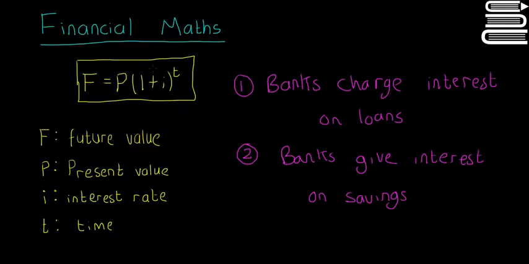Now we're going to look at how we can use this formula to look at problems where banks are giving you interest on your savings. It's really the exact same as banks charging you interest, it's just a different way of asking the question.